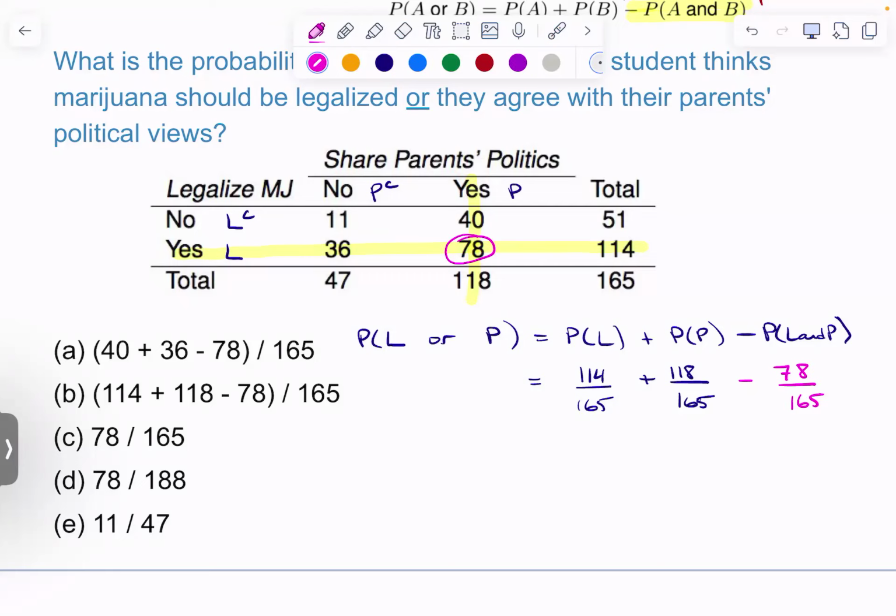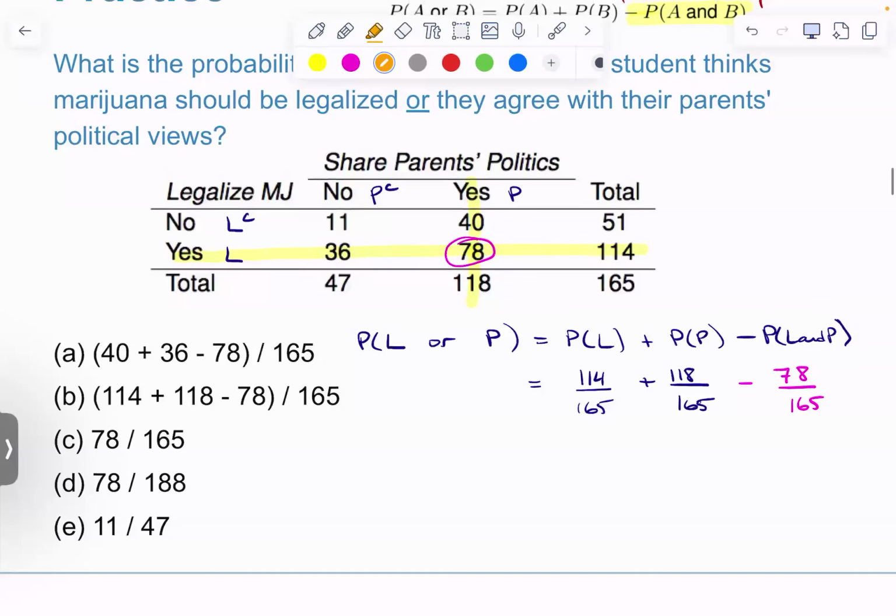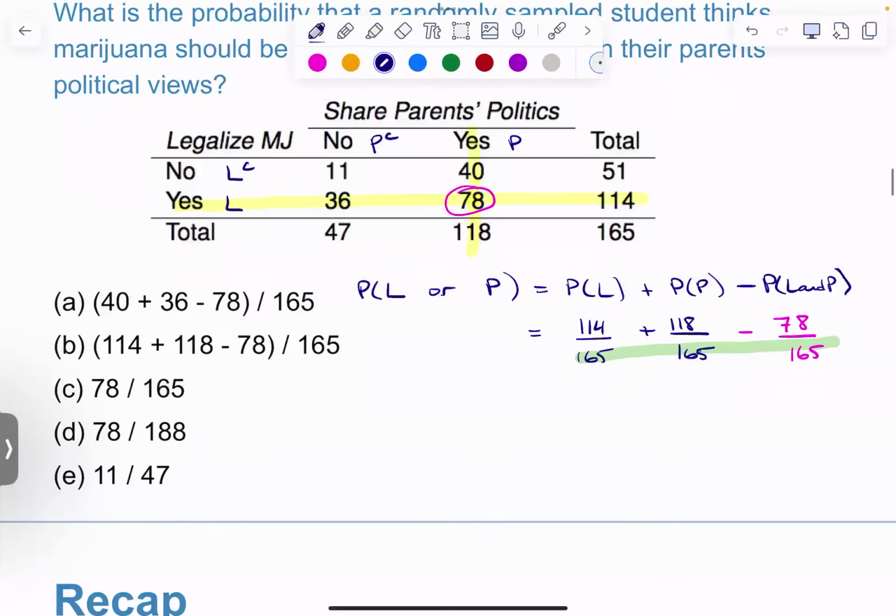Fractions are scary, but what's nice is that we've got a common denominator, and so we don't need to do any work finding that common denominator, which means what? I can rewrite this as 114 plus 118 minus 78, all over 165.